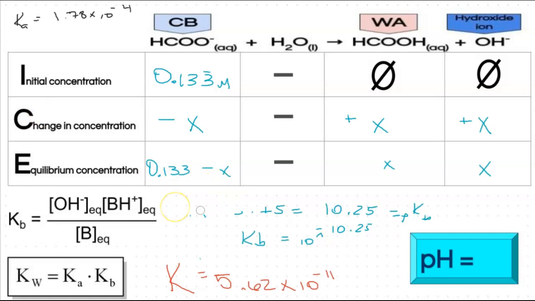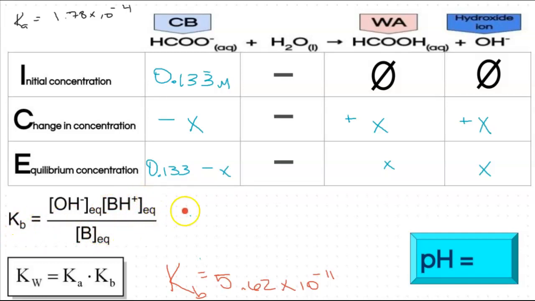I'm going to erase this because I need the space. Now that I have my new Kb value, I'm ready to plug my values into my Kb expression. Remember, your Kb expression is just like a Ka expression, only I've got the hydroxides. This is my weak acid, and this is my conjugate base down here.